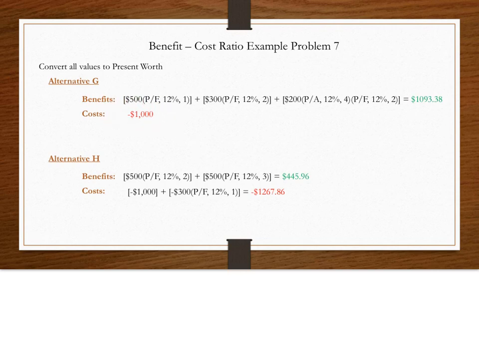For alternative H, we convert the two $500 benefits from a future worth to a present worth. Our costs are the $1,000 initial cost and the $300 loss in year one, which we convert to a present worth.